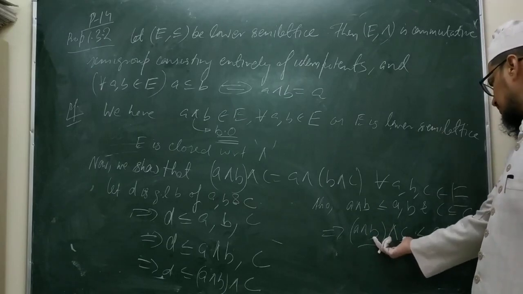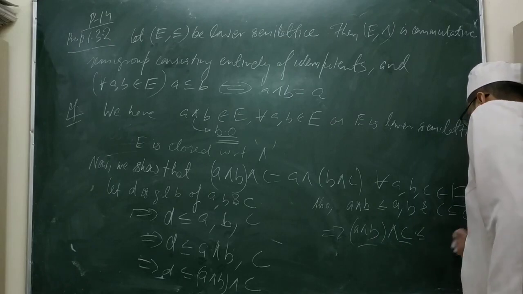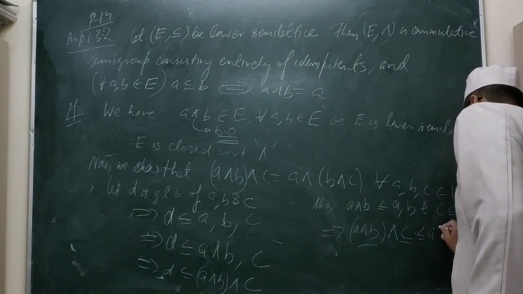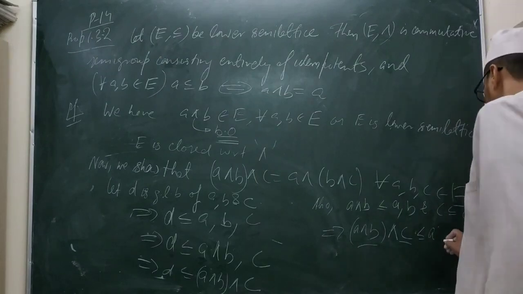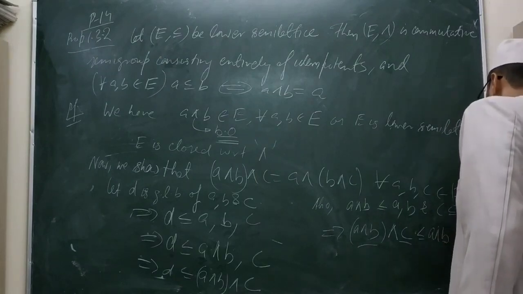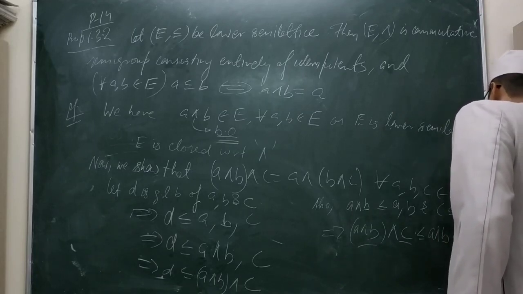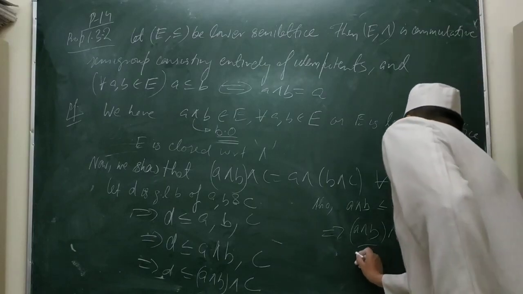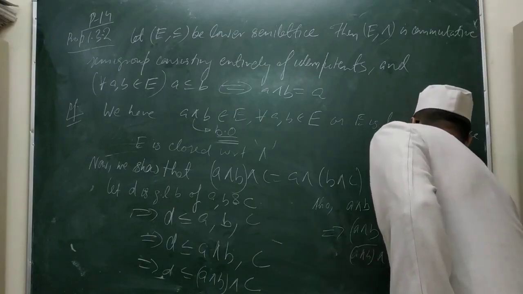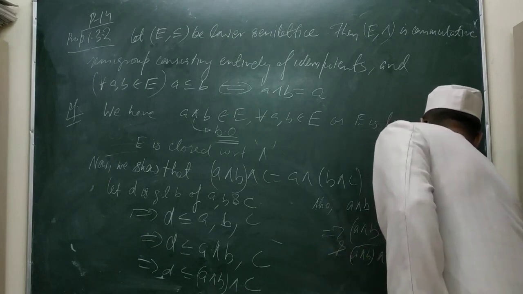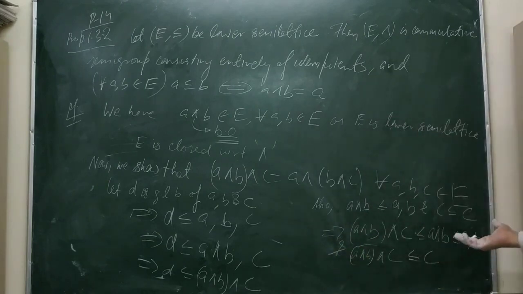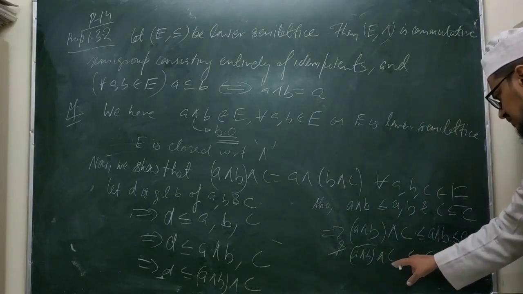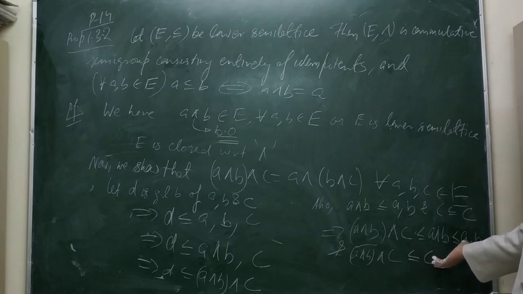So now, well, you can just see like this. It will be just like this, right? And now it is this and this. Now if you can understand this, as well as A join B meet C, see these inequalities are very trivial. These are trivial. That A meet B meet C is less than or equal to C. Why?